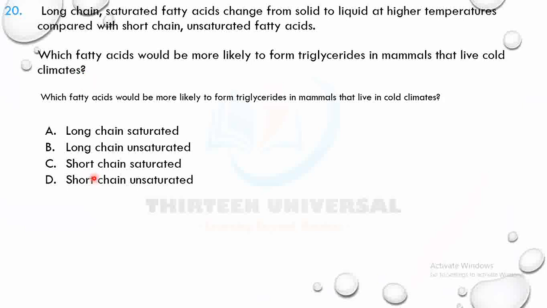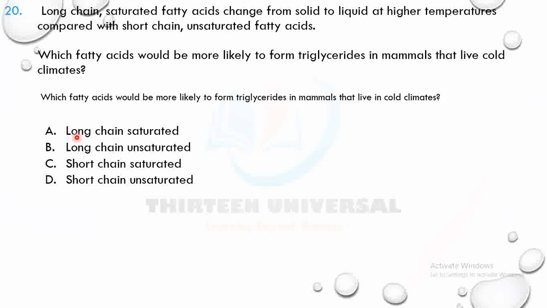So which of these increases permeability and makes it more fluid? The longer the chain, the less permeable, or less fluid. Because the longer the chain, the more closely packed the phospholipid bilayer in the membrane.